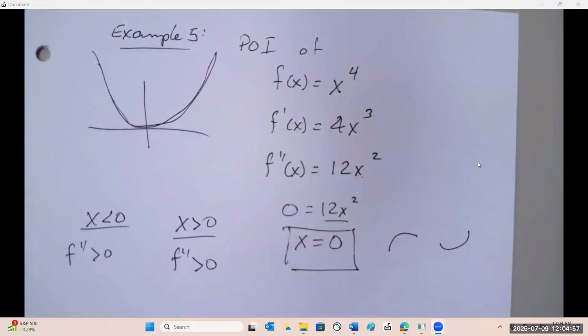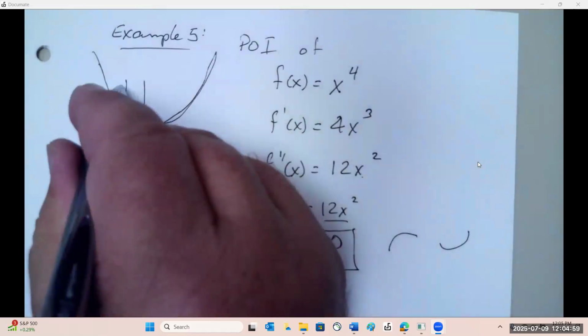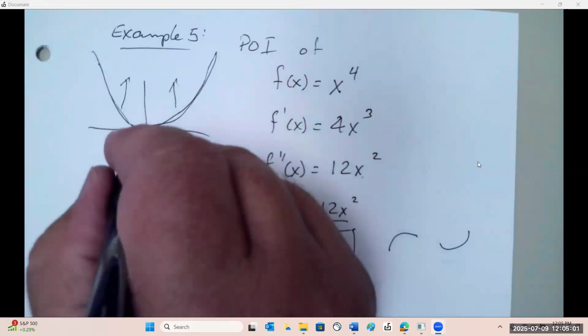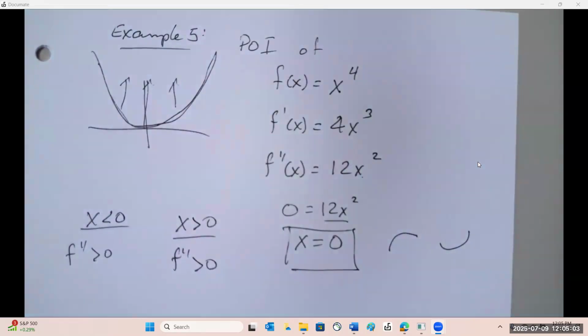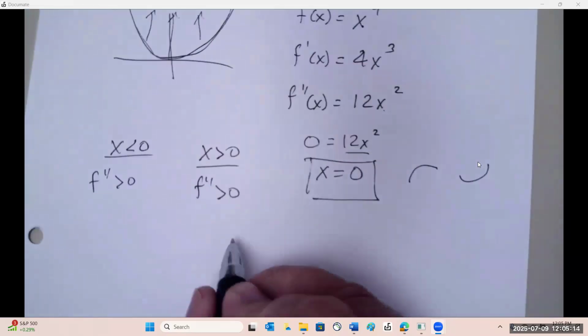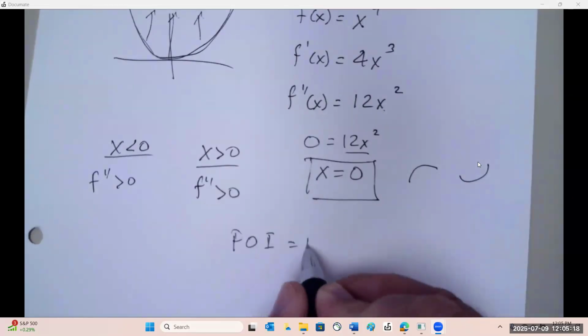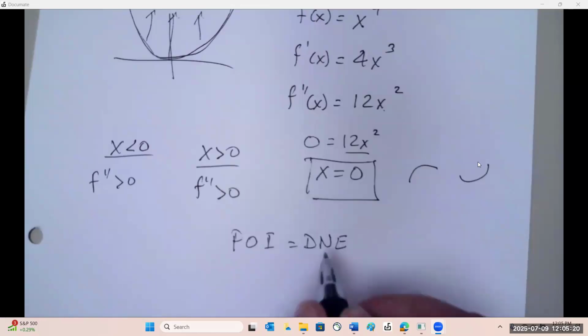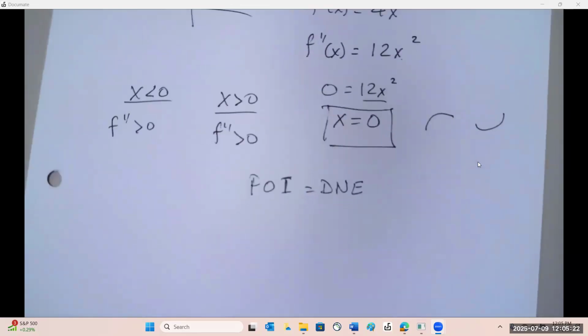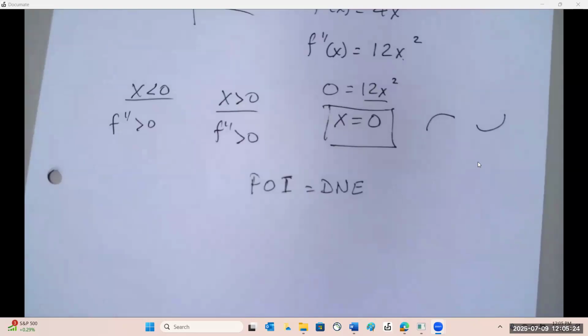Looks like x squared. It's concave up here, it's concave up here, it's concave up here. It's concave up everywhere because it's a parabola. So what is our solution? The point of inflection does not exist. Because it's concave up everywhere.